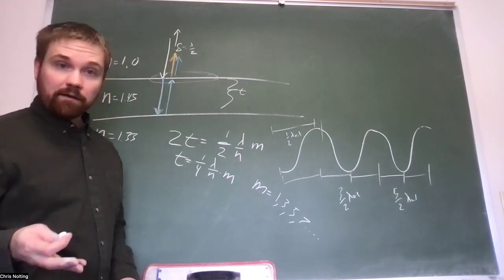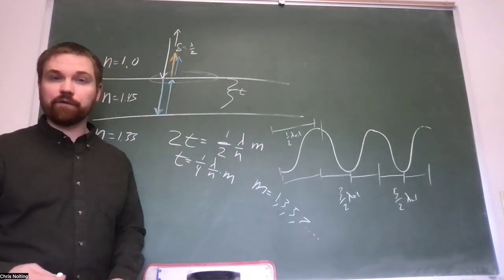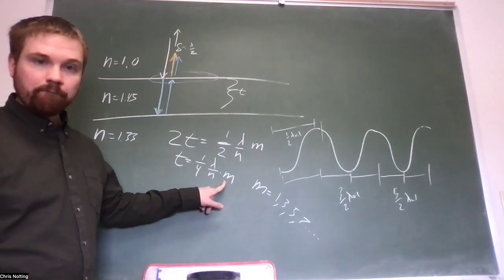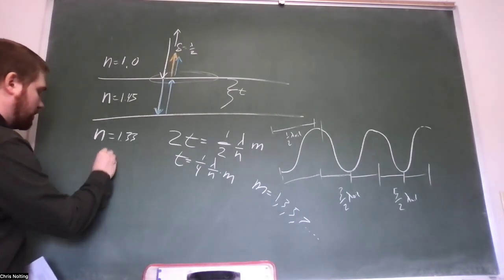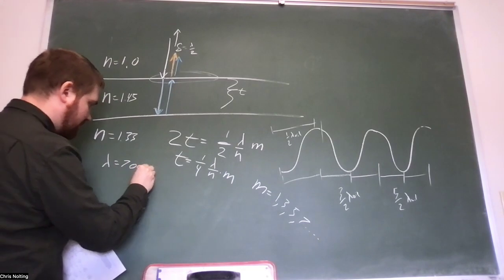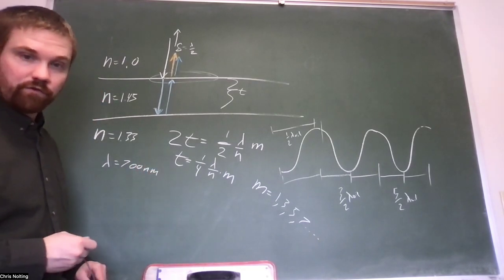Now we could do what I did in class and say, let's just start listing off all the possible values of the thickness given different values of M for each of our wavelengths. So we could do that and say for lambda equals 700 nanometers, which is one of our 2 wavelengths that interferes constructively.